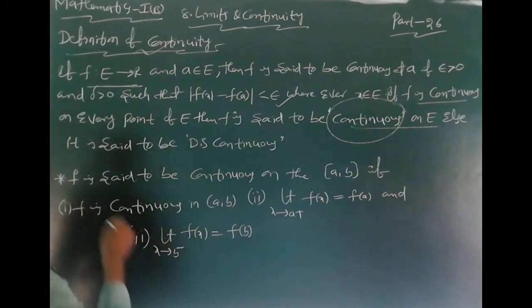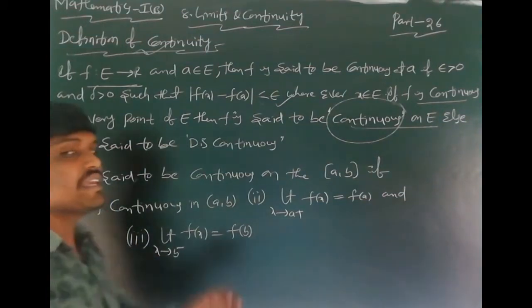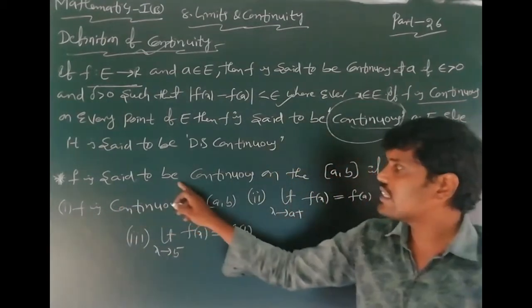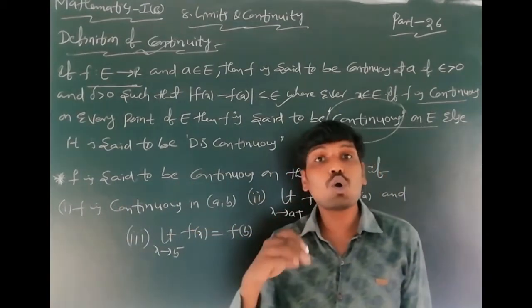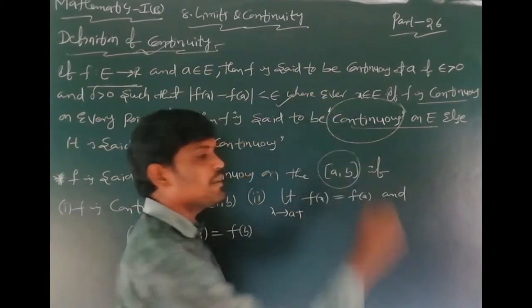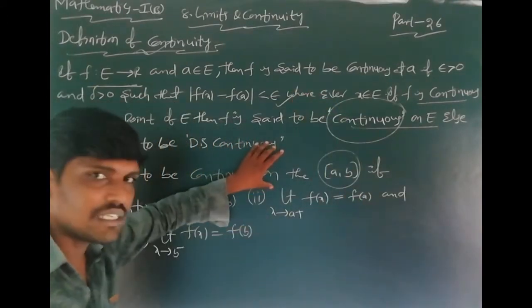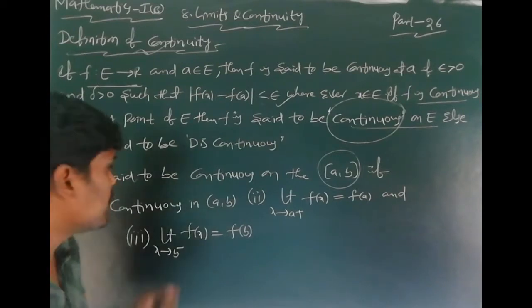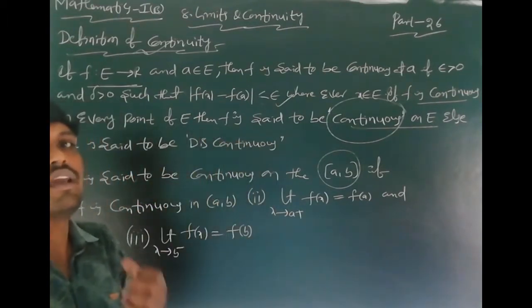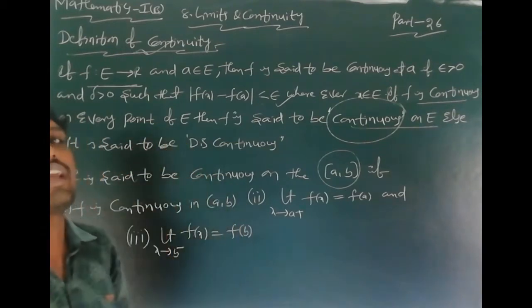After that, what is the condition for a function to be continuous? Here f is said to be continuous on the closed interval a comma b. Suppose f is continuous on the closed interval a comma b, here 3 conditions are possible. One is f is continuous on the open interval.